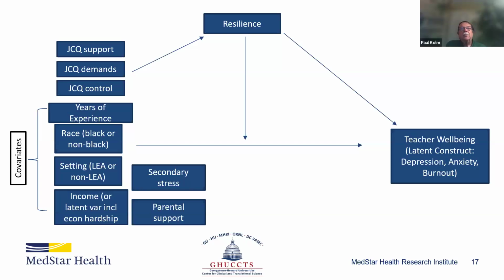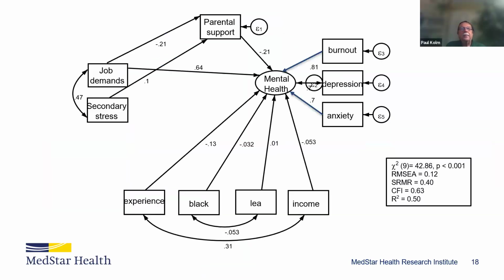So what we want to do is put these in an SEM model, estimate the parameters, and then see how well our model fits. So here's our first model, or one model anyway. And so our latent variable here, we've called mental health.